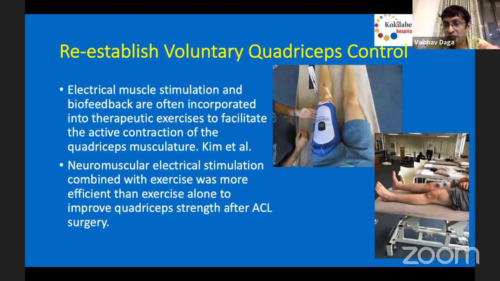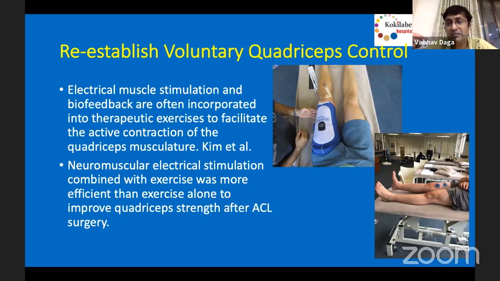Because of the electrical muscle stimulation, and the active contraction of the quadriceps, telling the brain to contract the quadriceps when the current is passing through, it will give a good contraction, and that's what helps in re-education.